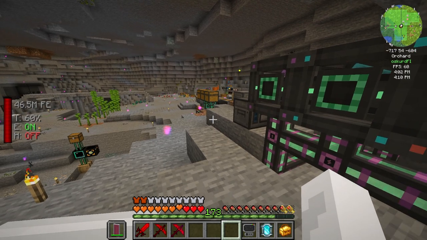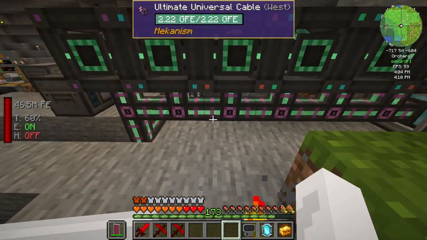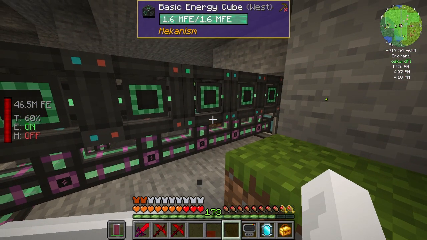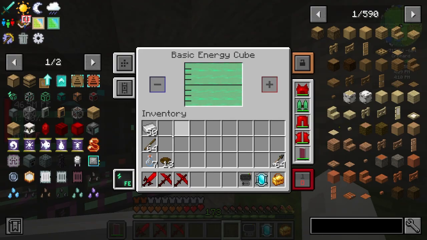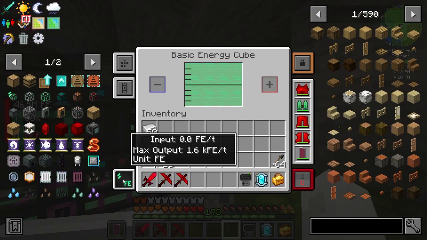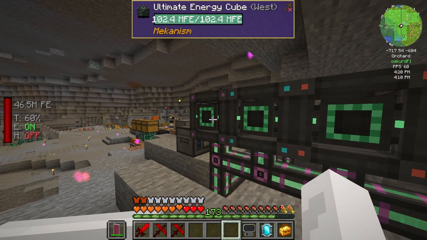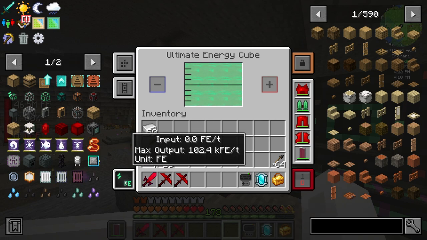But that's not a very good way when you have different tier cubes. The example is the basic energy cube, which outputs only 1.6k FE per tick, compared to an ultimate energy cube, which outputs 102,000 FE per tick.